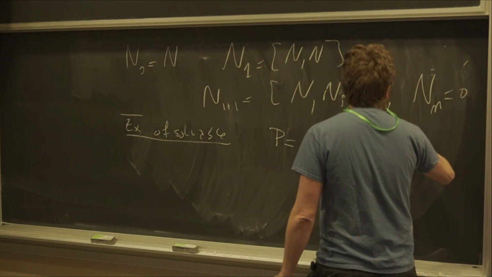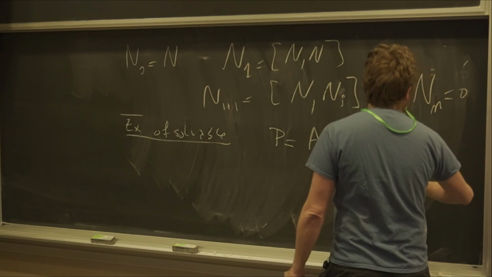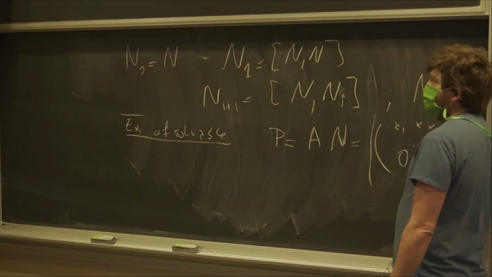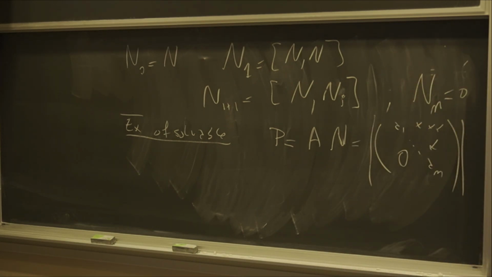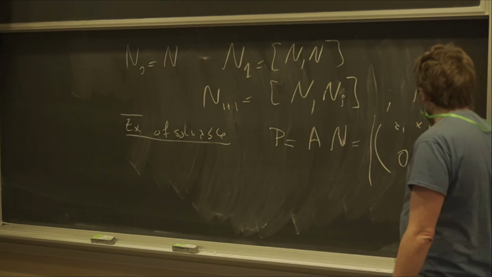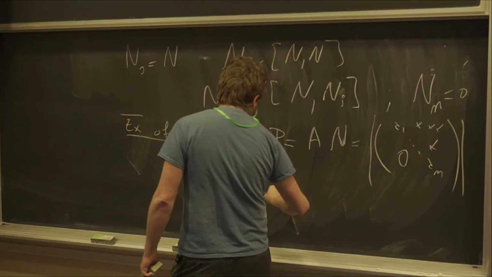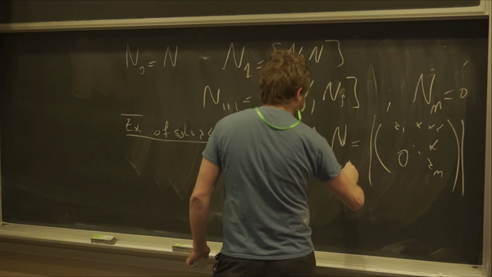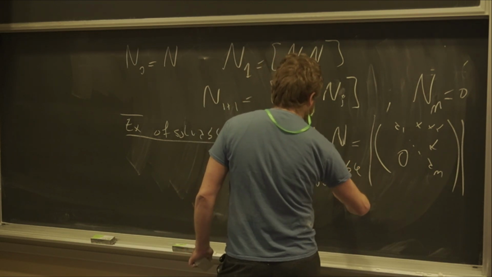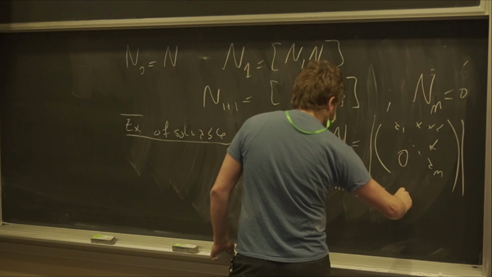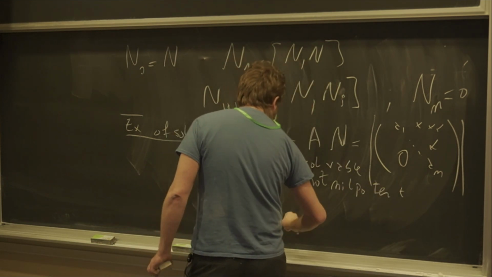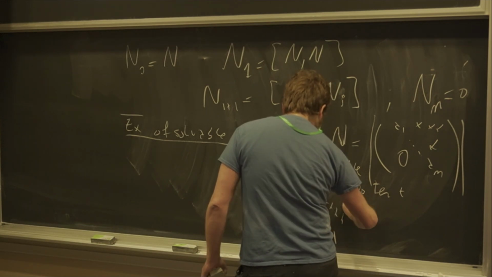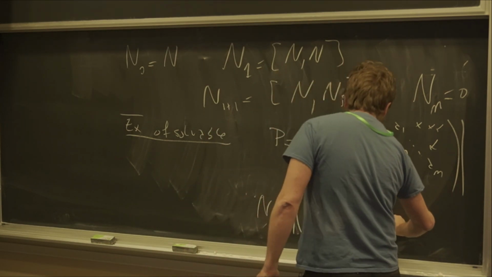This group is solvable, but it's not nilpotent, and N is nilpotent. So this is solvable, not nilpotent. And then we have this one with ones on the diagonal. This is nilpotent.